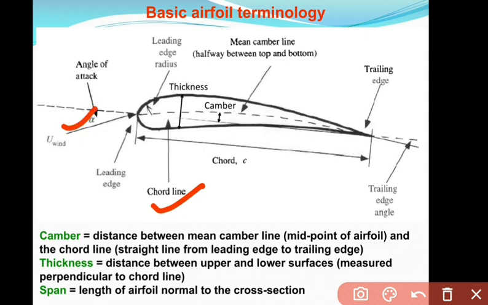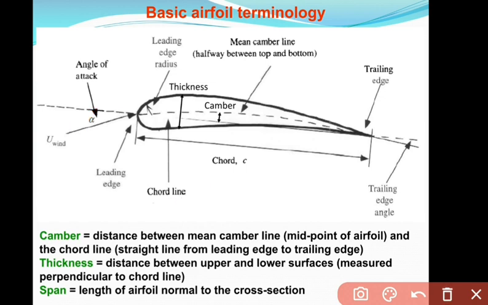The angle between the chord of the aerofoil section and the plane of rotation is also called the setting angle. The angle between the chord of the aerofoil section and the plane of rotation is known as the pitch angle.